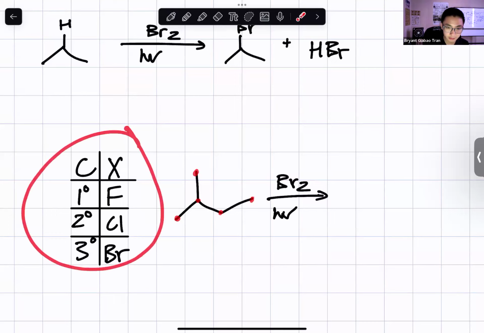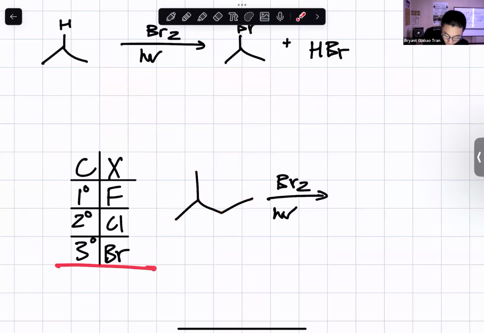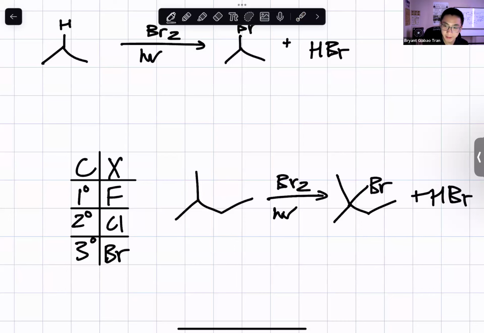But if we look at the relative reactivity, bromine usually wants to go for the tertiary carbon. So at this molecule we have this tertiary carbon right there. Our product is going to brominate that carbon. We're going to add a bromine on that carbon, which substitutes this hydrogen right here, and our side product is HBr, like that.